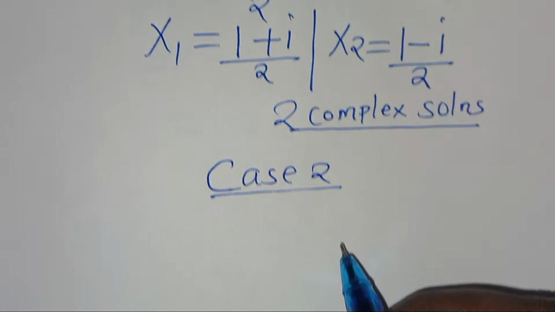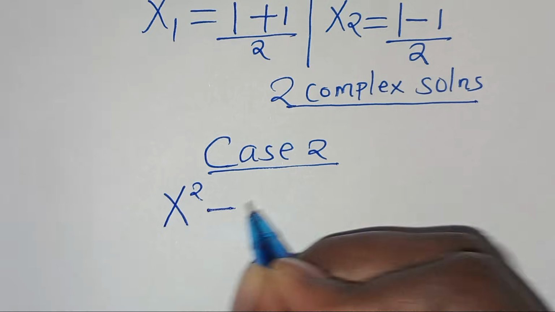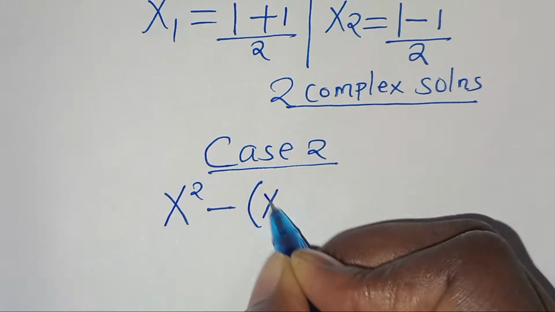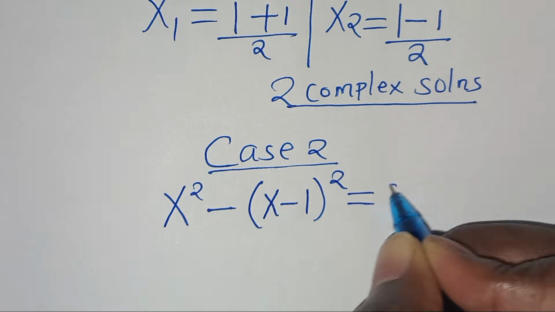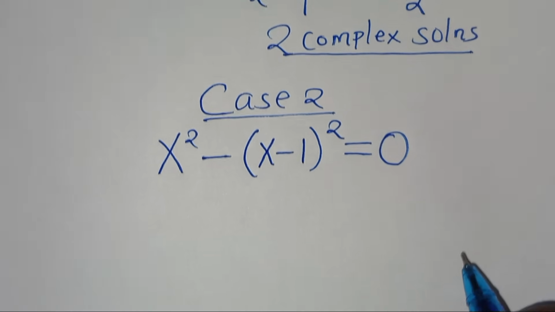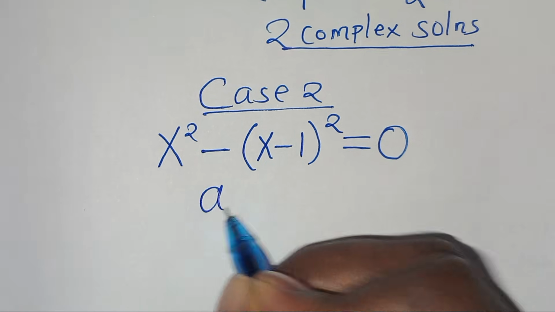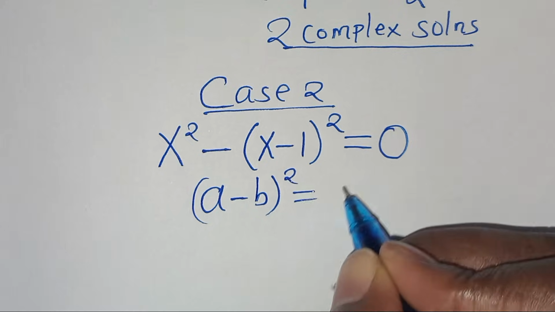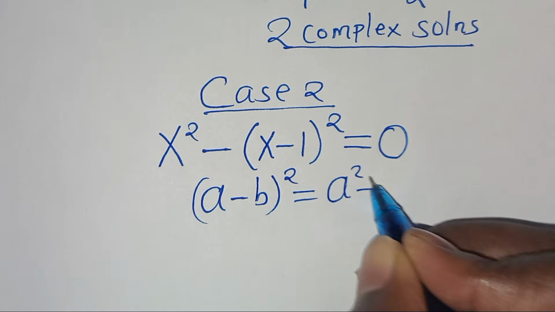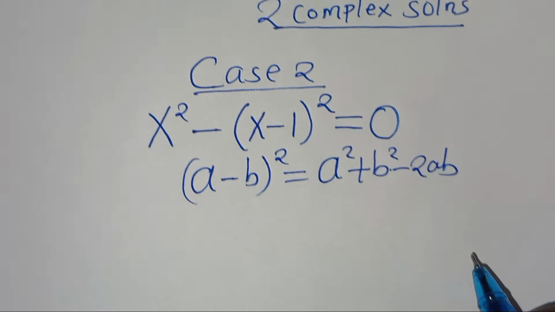Now, in case 2, we have x squared minus, in the parentheses, x minus 1 to the power of 2. This is equal to 0. x minus 1 to the power of 2 is in the form of a minus b raised to the power of 2. This is the same thing as a squared plus b squared minus 2ab.